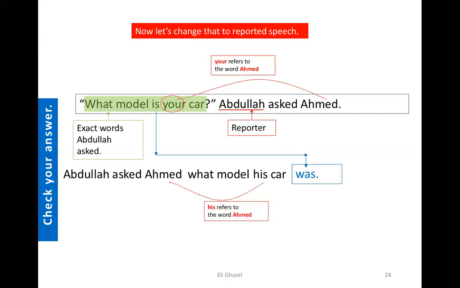And we move the "is" to the end and put it as "was". Remember, "asked" is in the past, so the "is" has changed to past, and the "his" is referring to Ahmed. So now "what model his car was" is no longer a question format, it's a statement format, even though it starts with a "what".